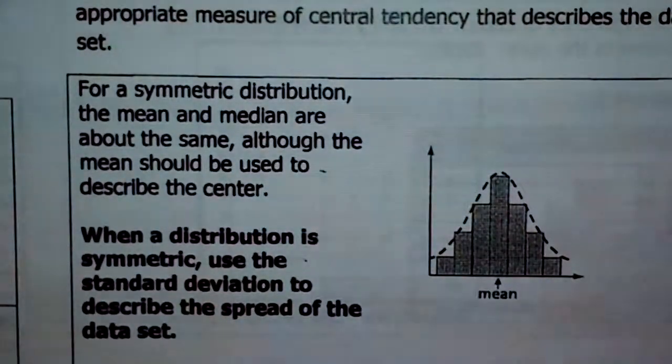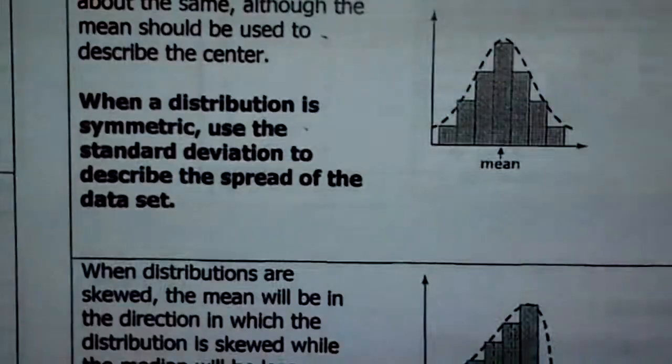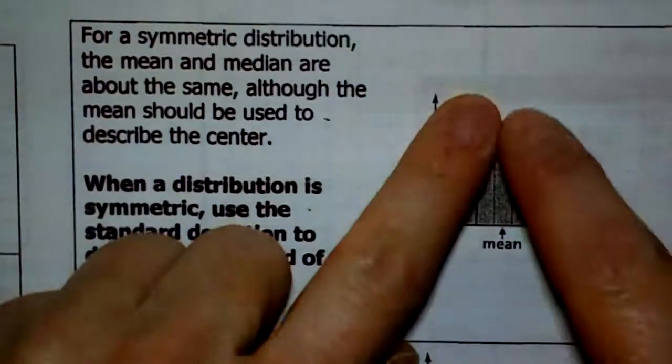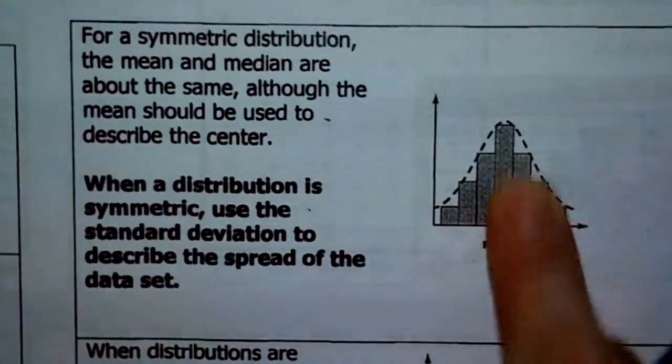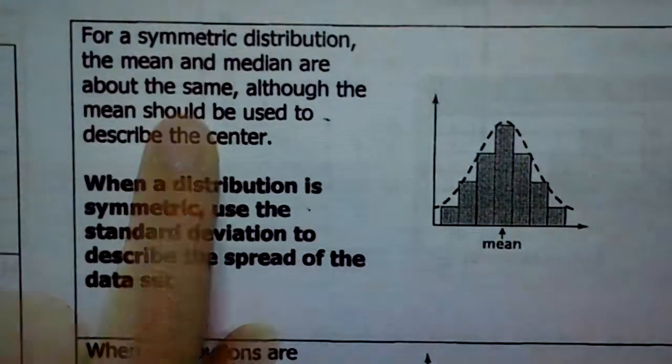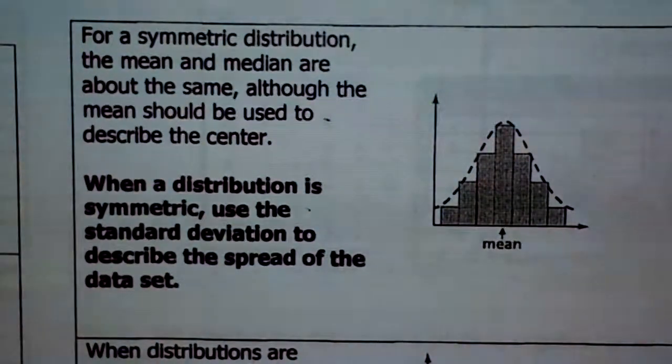So that's what we're going to talk about with this, to know which measure of central tendency and which measure of distribution you should use based on what the graph looks like. So start with symmetric. If you have a symmetric distribution, so the tails are the same length and the tallest bars appear to be in the middle, the mean and the median will be about the same, although the mean should be used to describe the center because the mean's going to include all of the values.